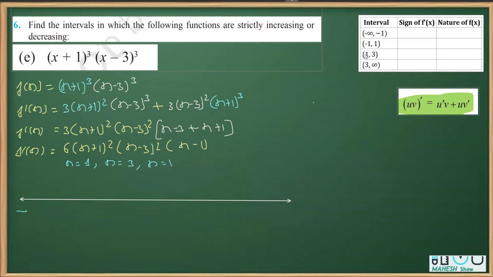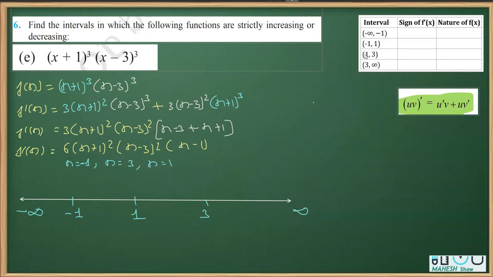The interval is going to be minus infinity to positive infinity. Over here, it was minus 1, then this being 1, and this is 3.